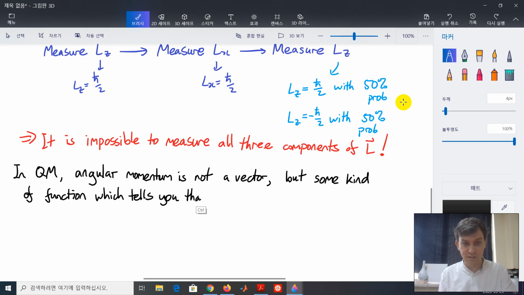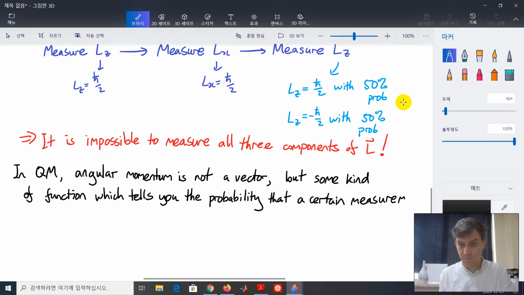It tells you the probability that a certain measurement has a certain value.